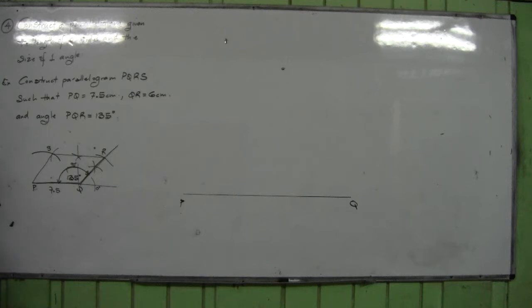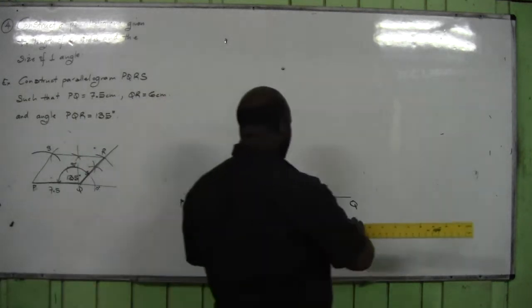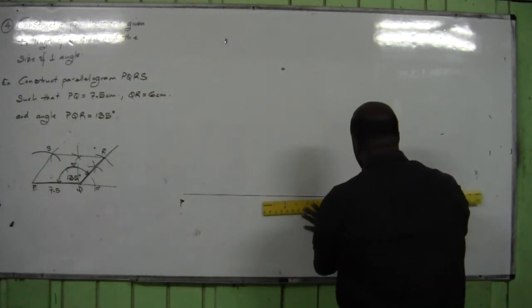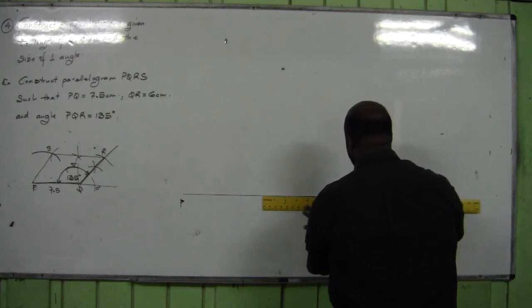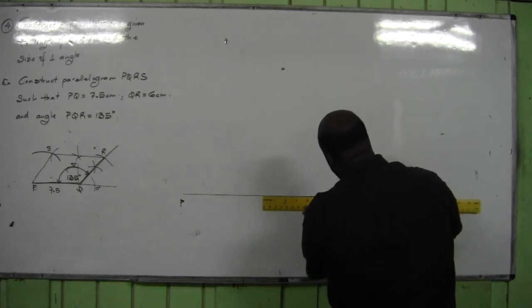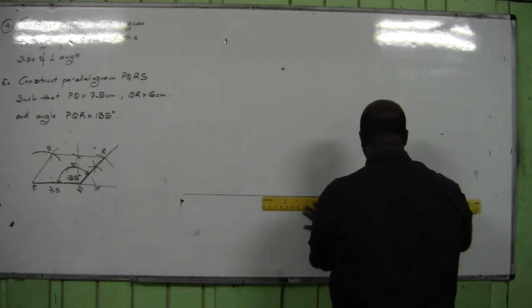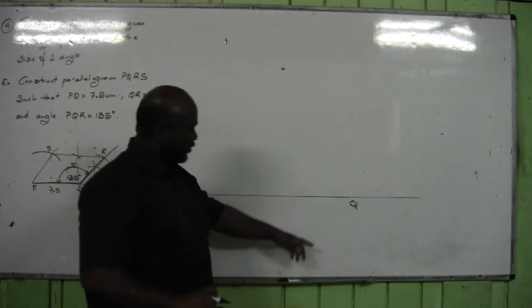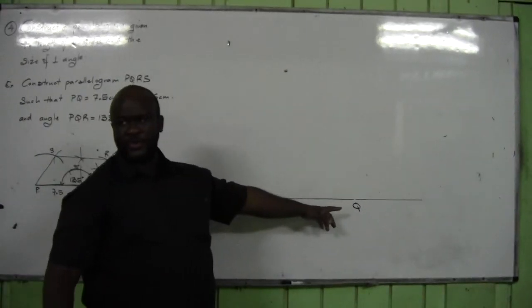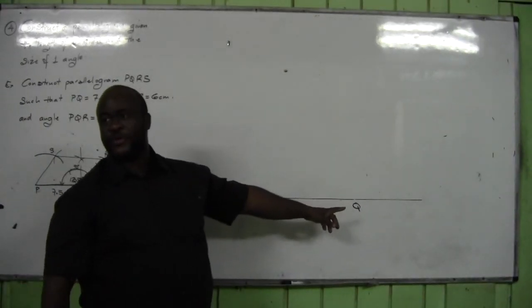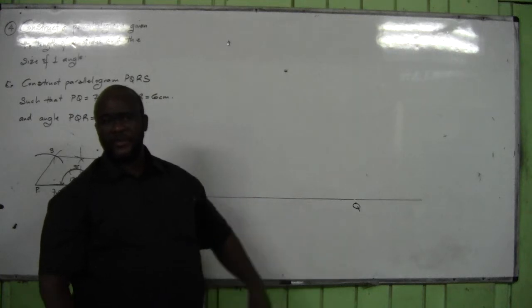And the faint line. Then I'm going to extend my line a little so I can draw. I need to know exactly where Q is, so all I'm going to do is just extend the line a little, faintly. Notice I don't touch it to Q because I need to know exactly where Q is. All right, fine.